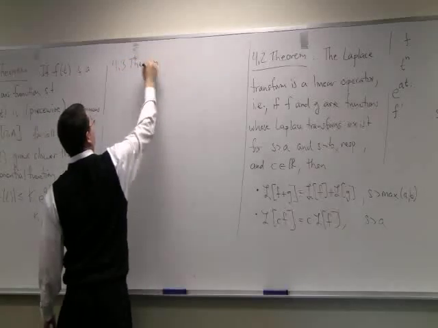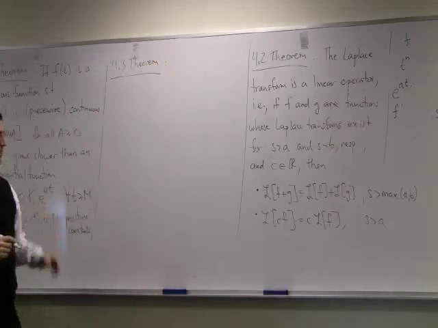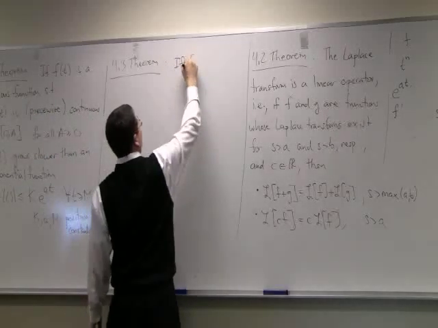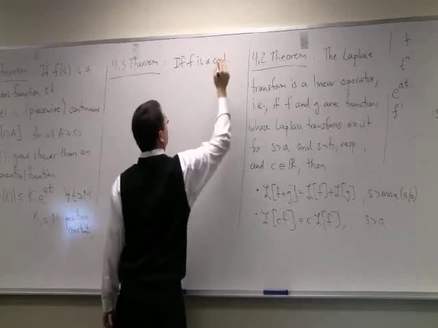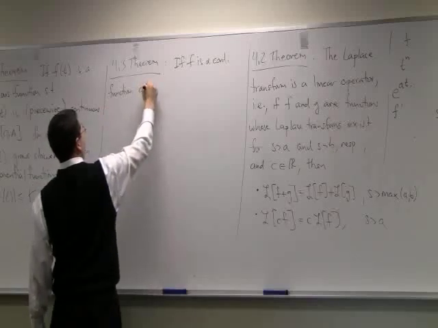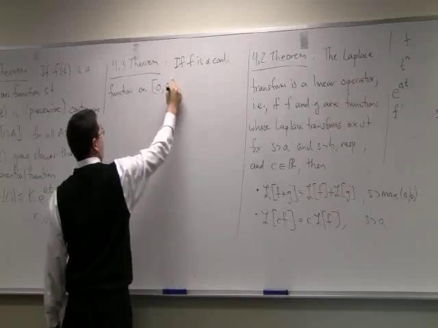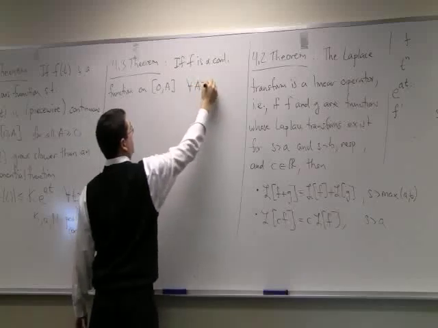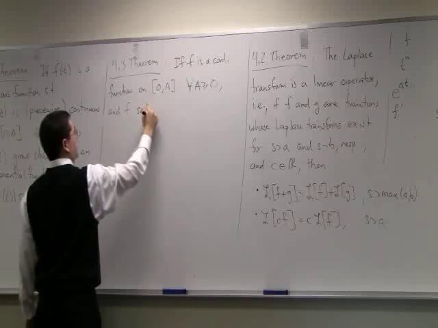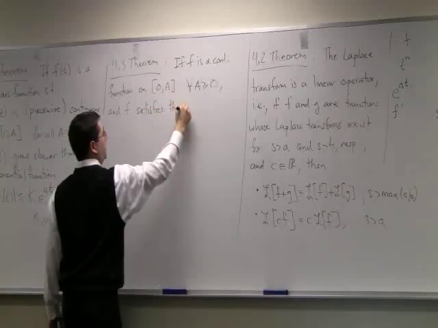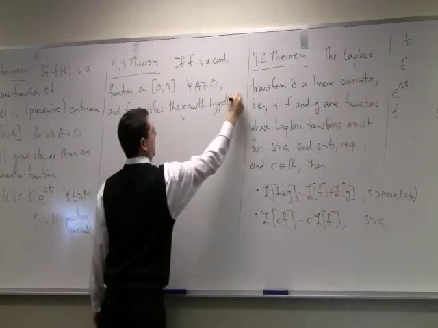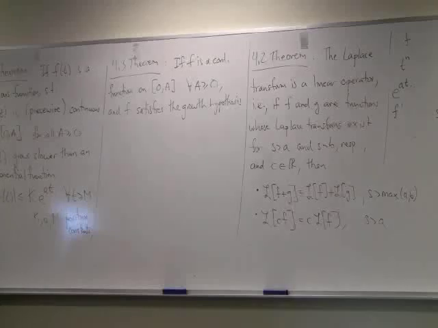Theorem. And hopefully we won't have too many more nasty theorems around. So, if f is a continuous function on 0 to a for all a greater than or equal to 0, and f satisfies the growth hypothesis, which if you forget what that is, it's just over here.